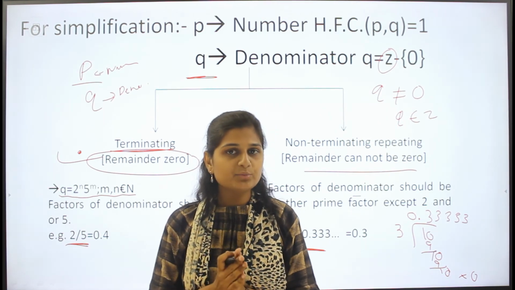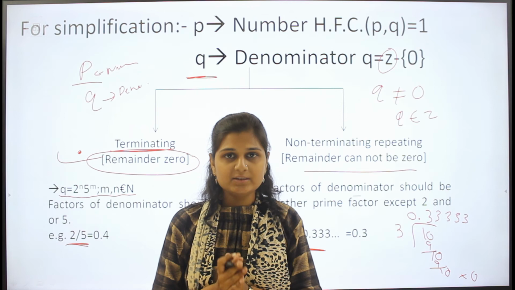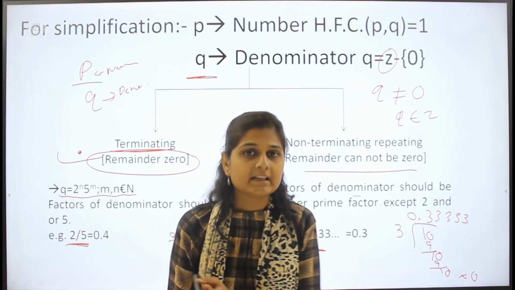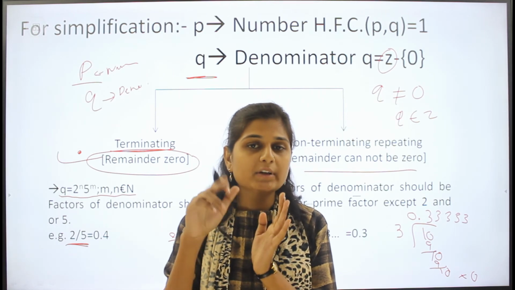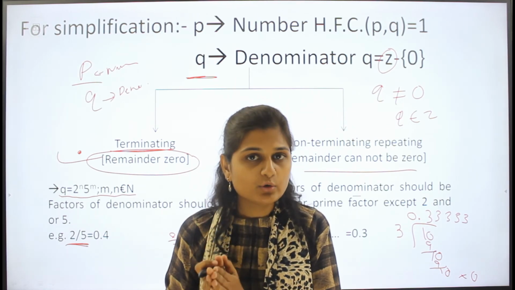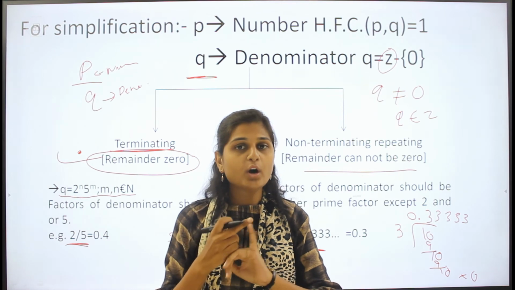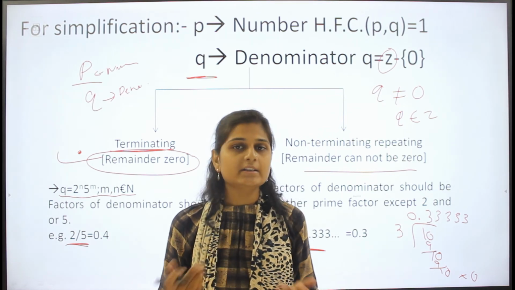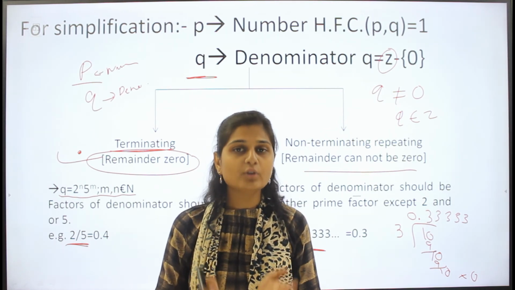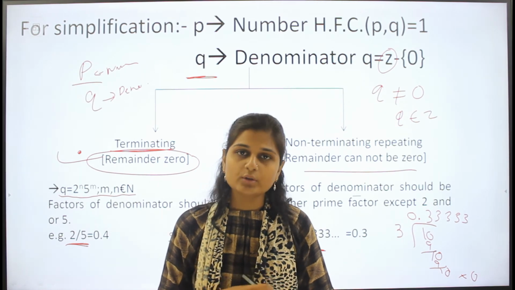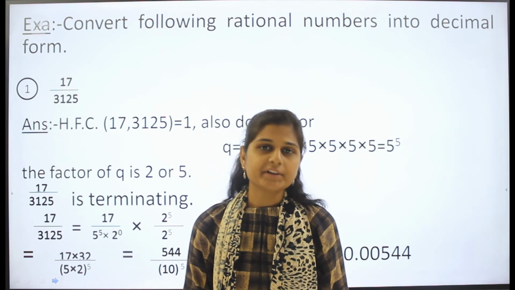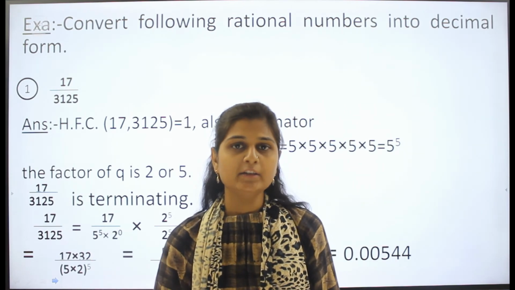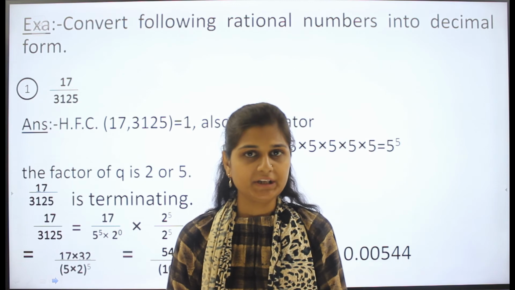So this is the simple thing about decimal expansion. If the factors of your denominator q are 2 or 5 or both, then it is terminating, and if they are not 2 or 5 or both, it will be non-terminating. Okay, so now we are done with terminating and non-terminating repeating.